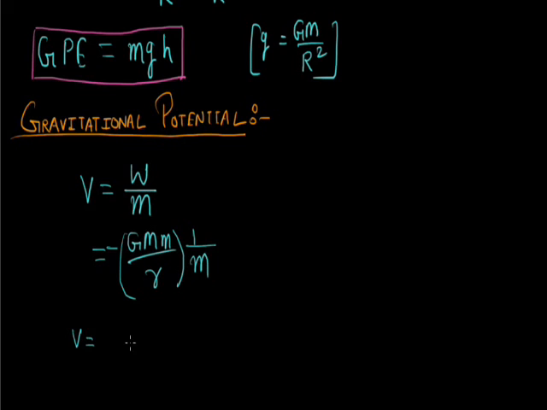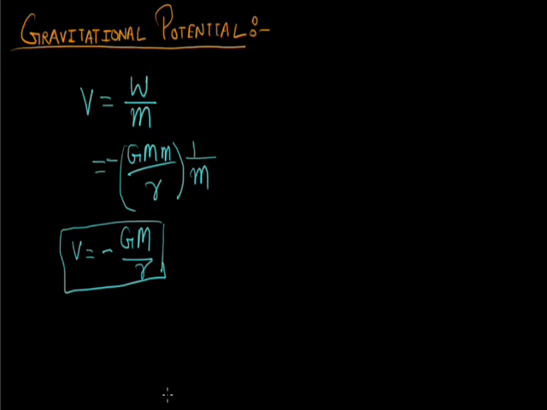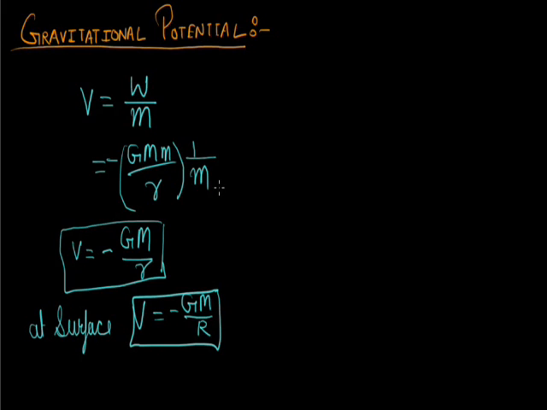So gravitational potential will be minus GM upon R, or at the surface we can write it as V equals minus GM upon capital R. Gravitational potential, its unit is, by this formula, work means joule, so joule by kg, and it is a scalar quantity. Its unit is joule by kg.